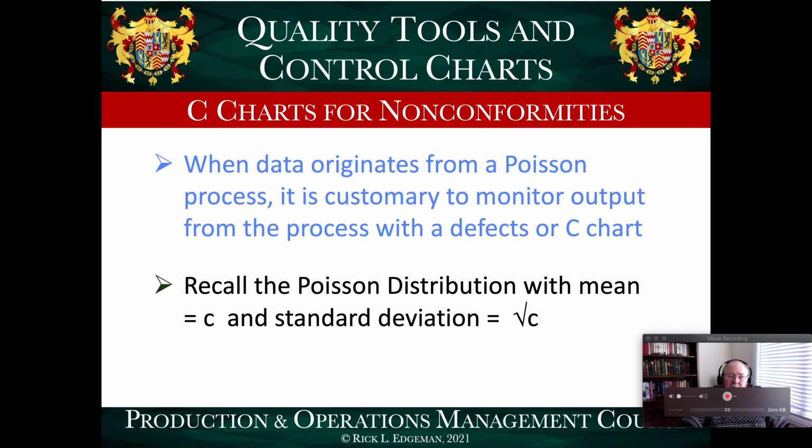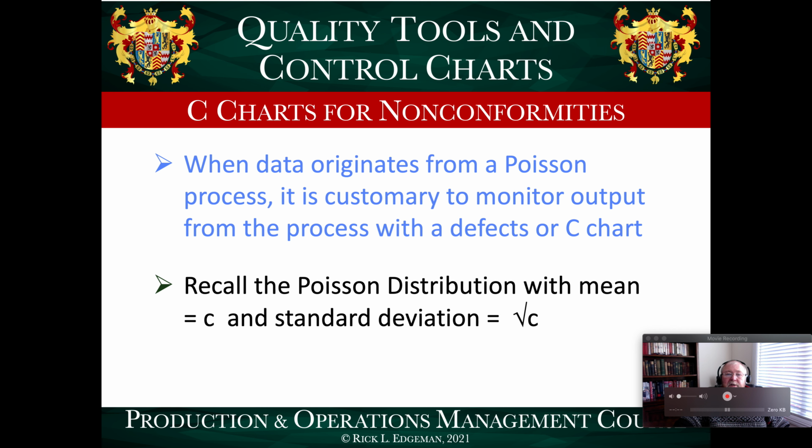We need to be able to estimate its mean, and then consider that chart that you saw with the coordinates for the 7 lines: the center line, the upper and lower 1 standard deviation lines, the upper and lower 2 standard deviation warning lines, the yellow ones, and the upper and lower control limits, the red lines, positioned at 1, 2, and 3 standard deviations away from the center line, the mean.